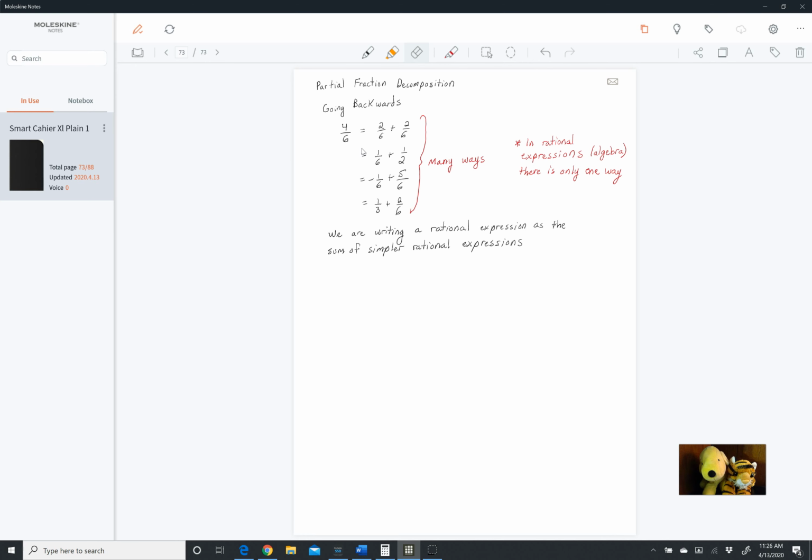So we're going to start with proper fractions. So when we say a proper fraction, with numbers, what we're saying is that the numerator is less than the denominator.